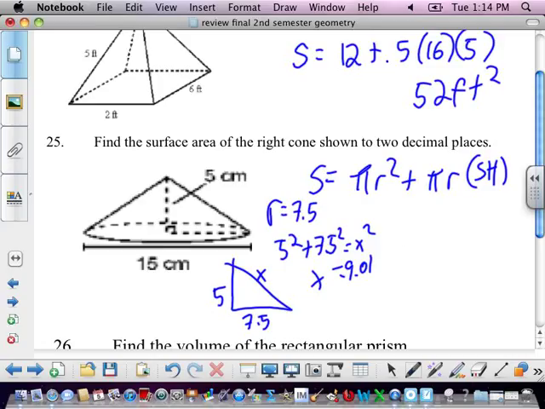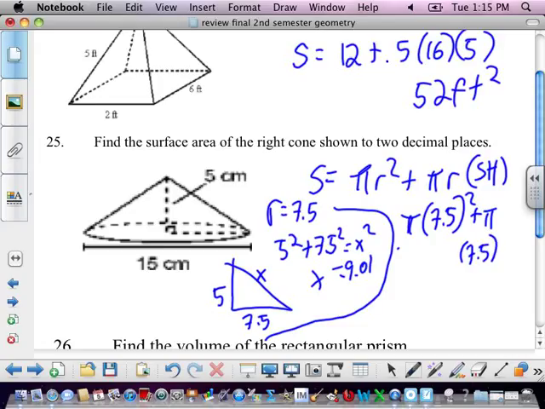So that's all for slant height. We've got pi times 7.5 squared plus pi times 7.5 times 9.01, which gives us 389.07.